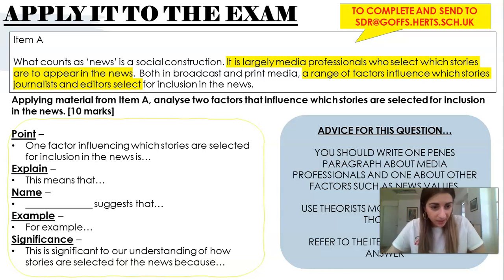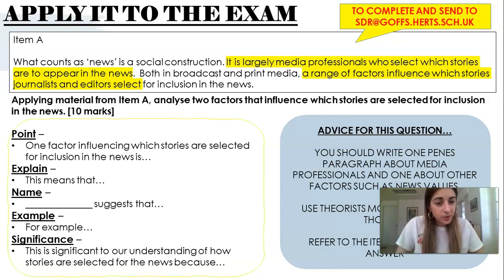Now, I believe, in terms of what I can see in the item, that you should write 1 Penner's paragraph about media professionals, because as you can see that I've highlighted, it says in the item it's largely media professionals who select which stories are to appear in the news. So that is what I'd use from the item in that specific Penner's paragraph, and I'd use probably McQuail as a theorist there, and an example from a recent news story.